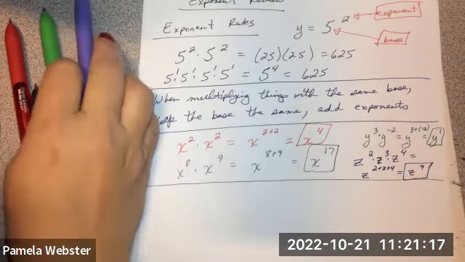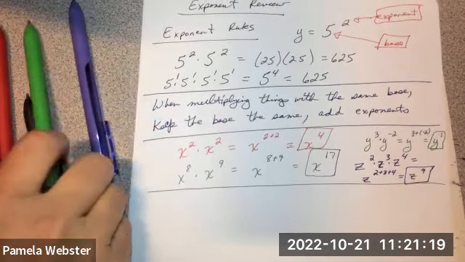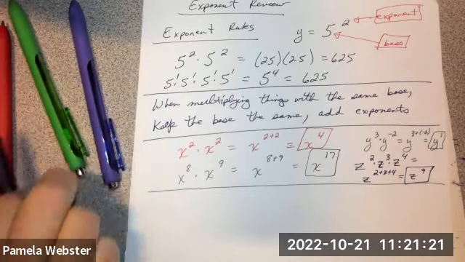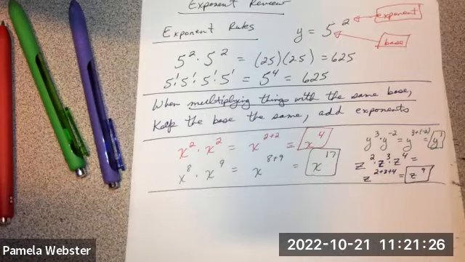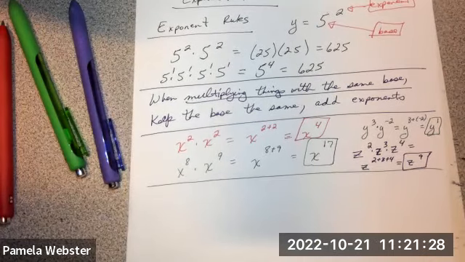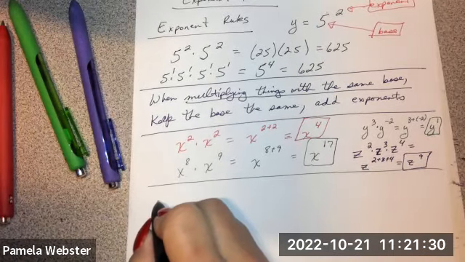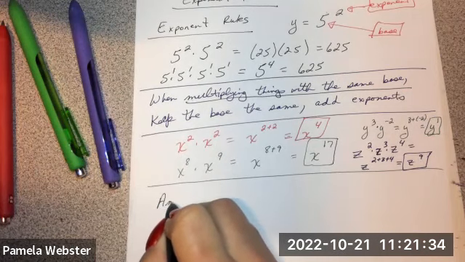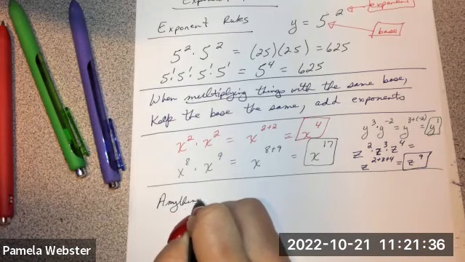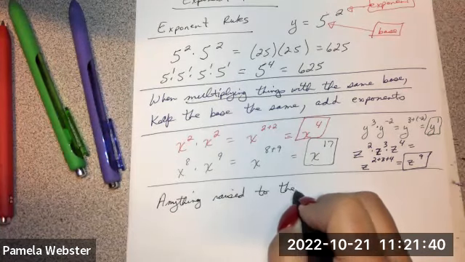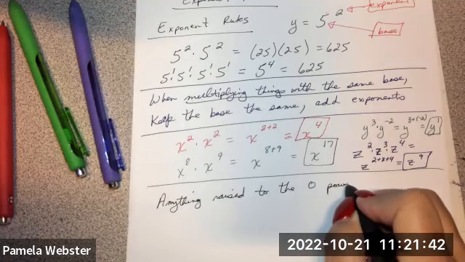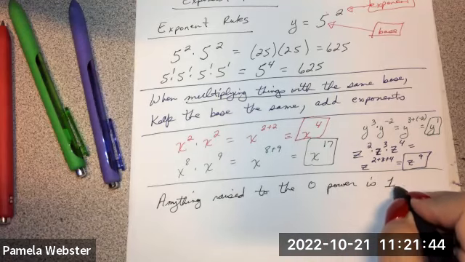There's also another exponent rule. So this is for multiplying things with the same base. That's that guy. Let me throw this one in here because a lot of times I actually get this one at the beginning. And it is anything raised to the 0 power is a 1.